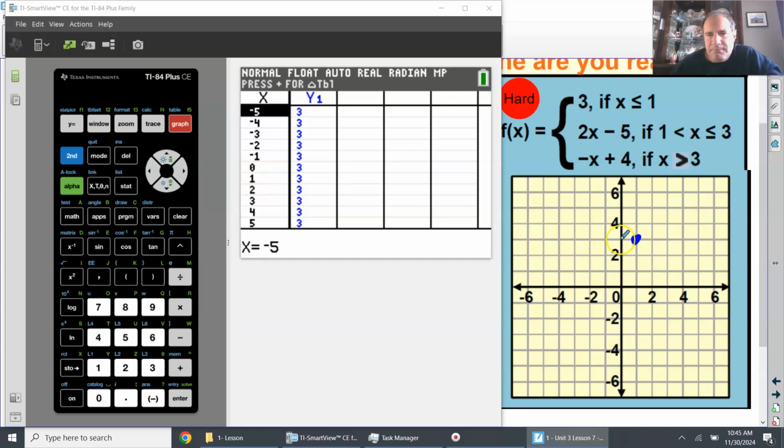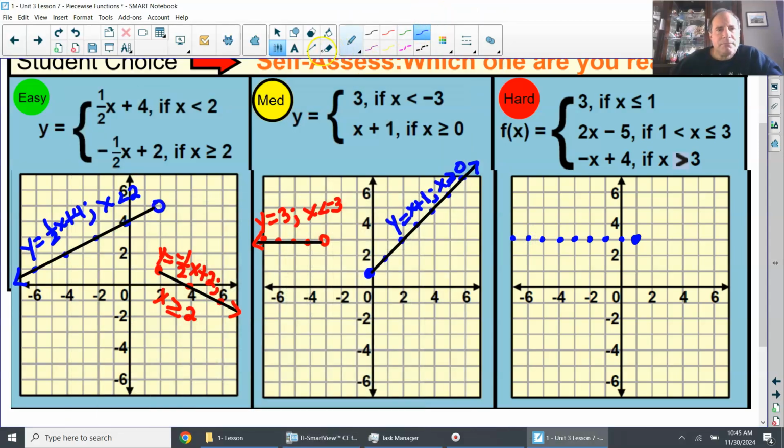Then (0, 3), (-1, 3), and so on and so forth, all the way down to (-7, 3). Then we are going to take our ruler and put an arrow at the end.